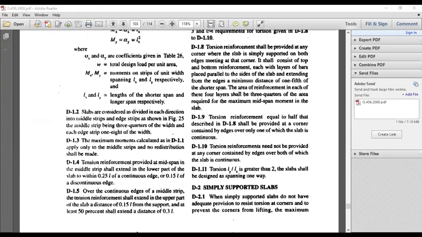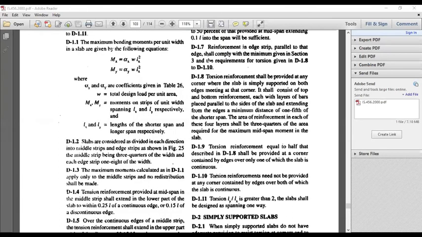So this is the clause. Here you can read this. The torsional reinforcement shall be provided at the corner where the slab is simply supported on both edges meeting at that corner. It shall consist of the top and bottom reinforcement, each with the layer of bars placed parallel to the sides of the slab and extending from the edge of minimum distance up to 1/5 of the shorter span.